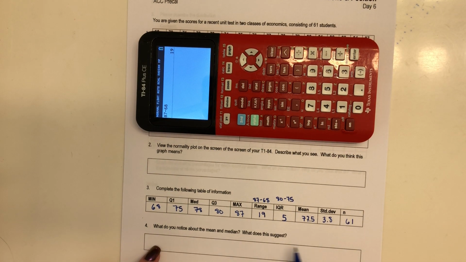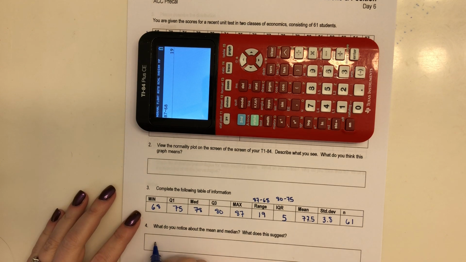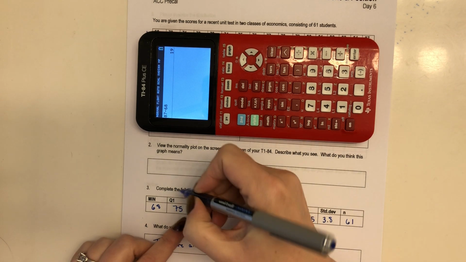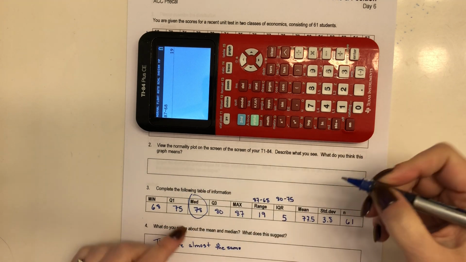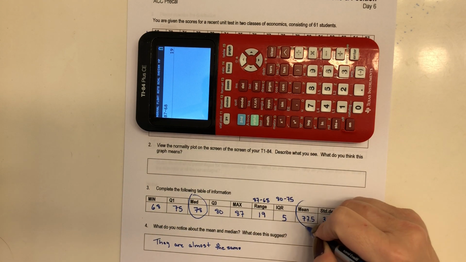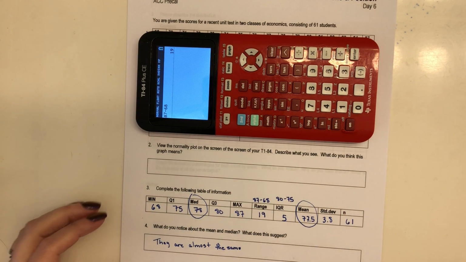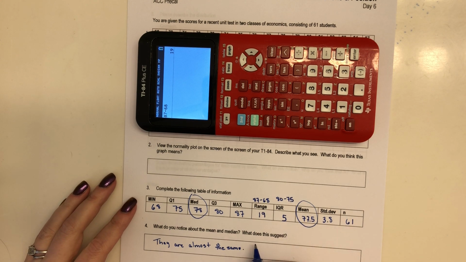It says, what do you notice about the mean and the median? They are almost the same. If you're looking at that, here is your median. Here is your mean. As you can see, they are 0.5 apart. That is almost the same. What does that suggest?